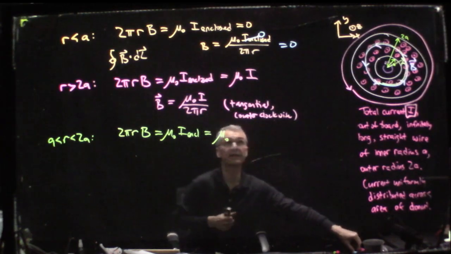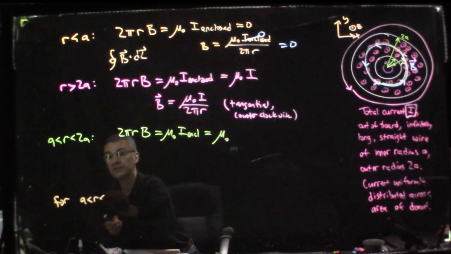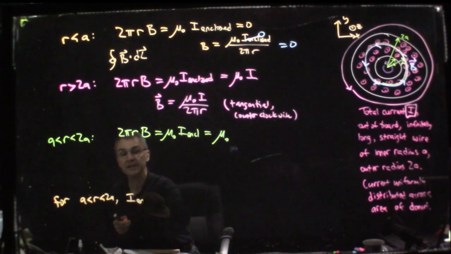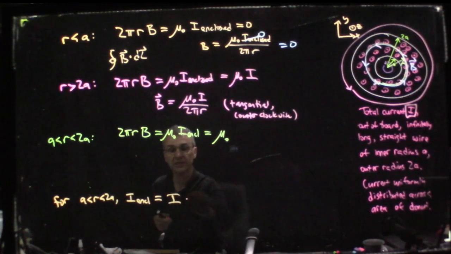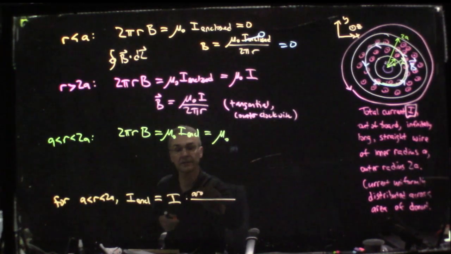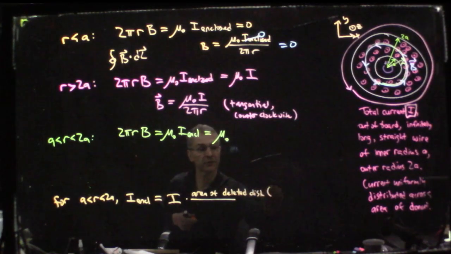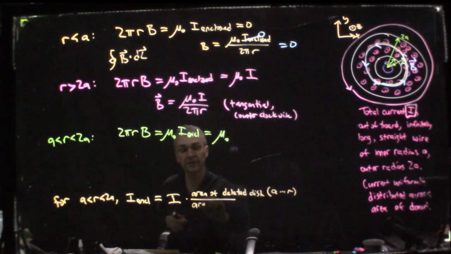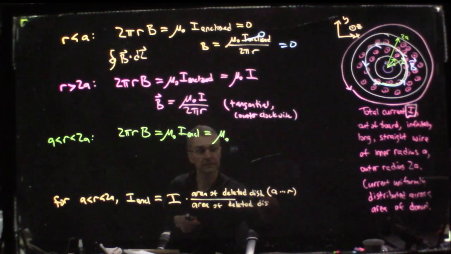So I claim that for a less than r less than 2a, I enclosed is I times the area of the deleted disk from A up to R divided by the area of the deleted disk from A up to 2A.